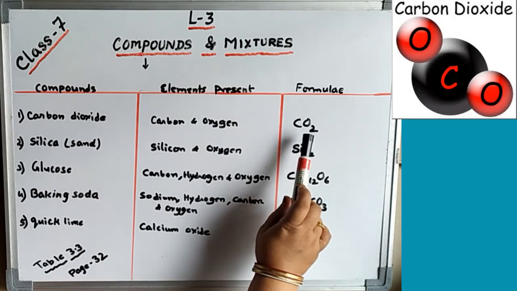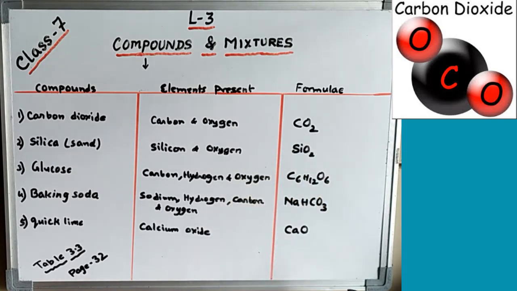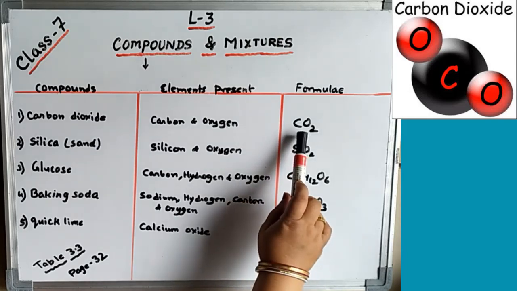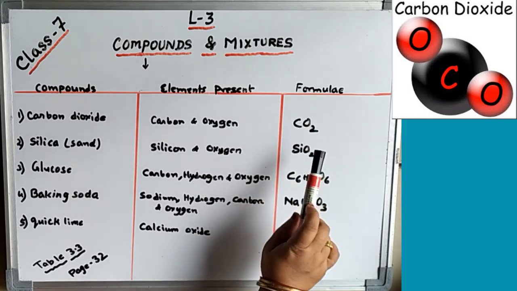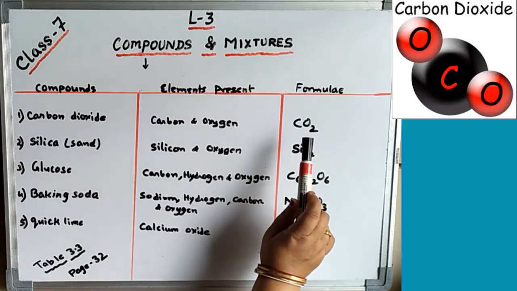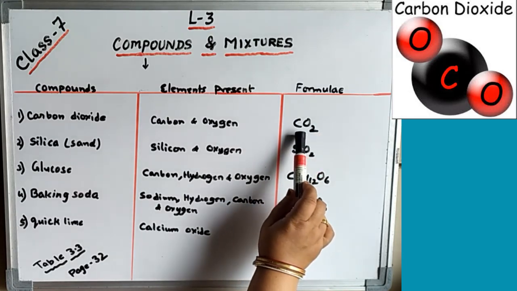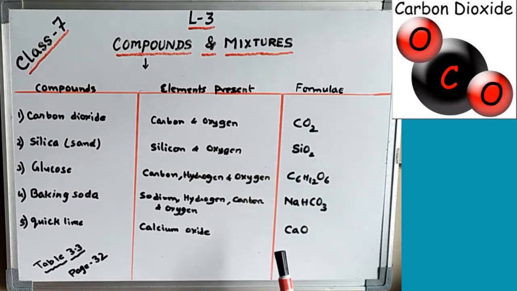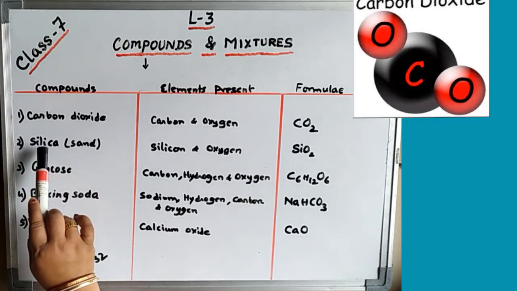If you know the symbols of each element nicely, it will be very easy to say from the formula which elements are present. Suppose you know C is carbon and O is oxygen, then you can say these are the only 2 elements present in carbon dioxide. Similarly with the other compounds also, you can learn by seeing the formula only, provided you remember the symbols.